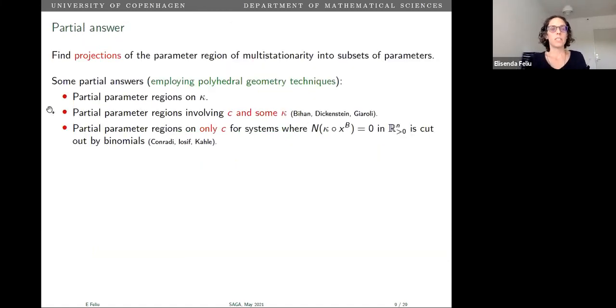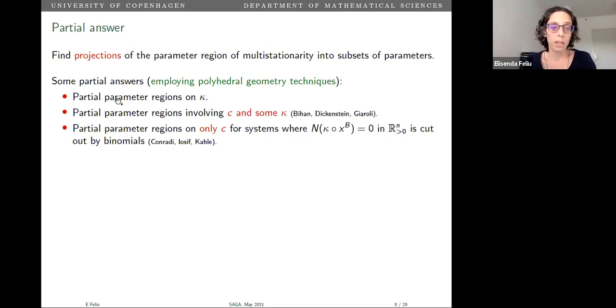Yes, so as I was saying, it was difficult to understand these full parameter regions and also to find them. And that led a bit to finding projections of the parameter region. So instead of finding the whole parameter region, can I project it into some set of parameters and get more information out of it and maybe a biological interpretation?